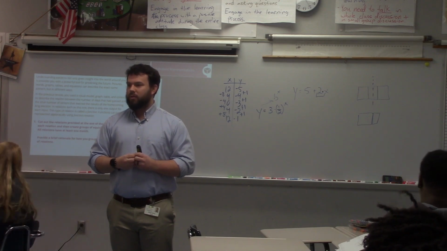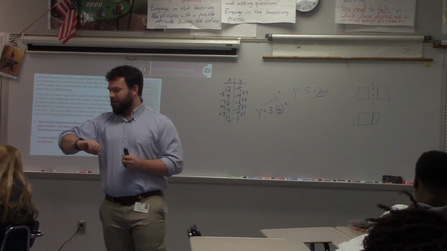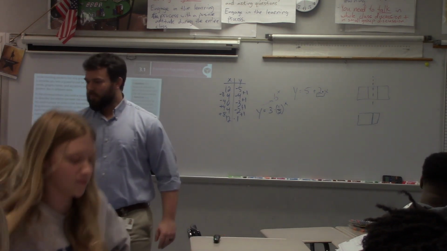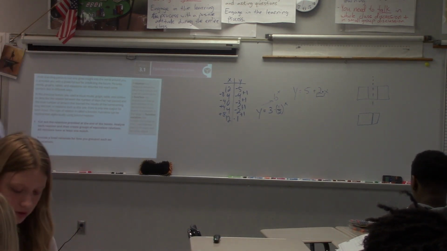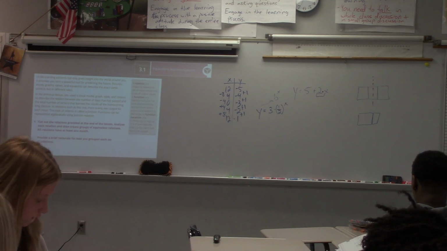All right, we're ready to start sorting. All right, let's get to work. We have about 10 minutes to sort. Wait, how many of these do we have? I think there were 8 on each page. 8 times 3 is 24.